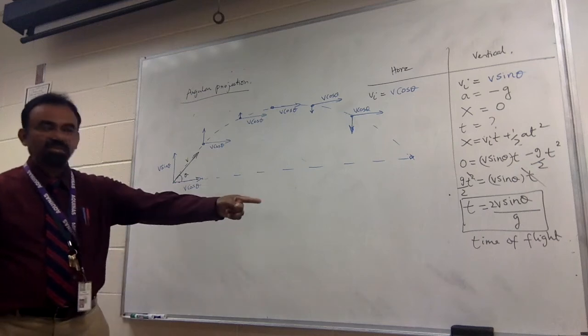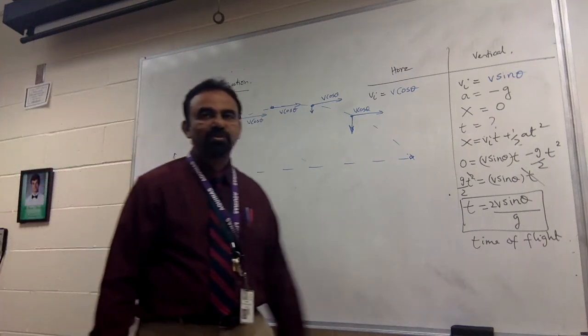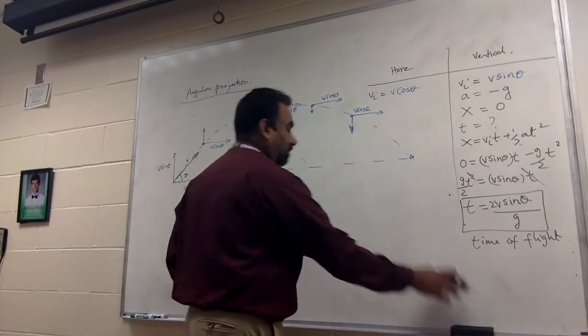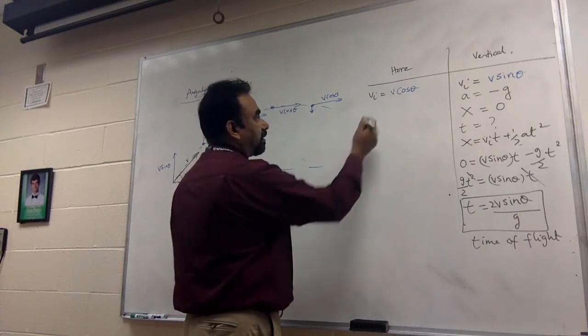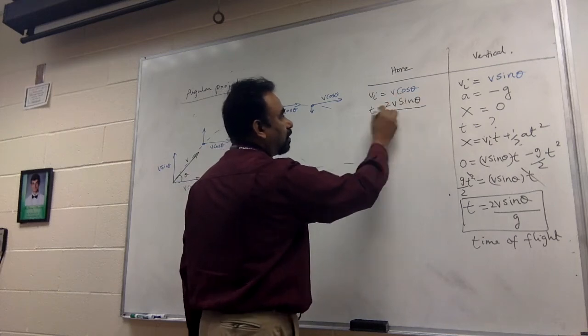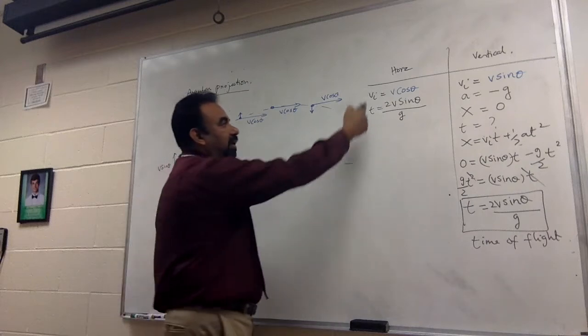Okay? You understand that time of flight? What do you do now? Once you understand the time of flight, what do you do immediately? Immediately transfer it to this side. So we have time is 2v sine theta over g. Now we have two things over here.